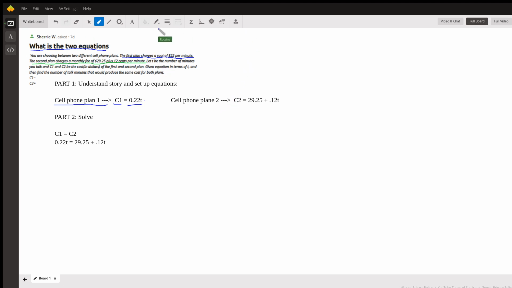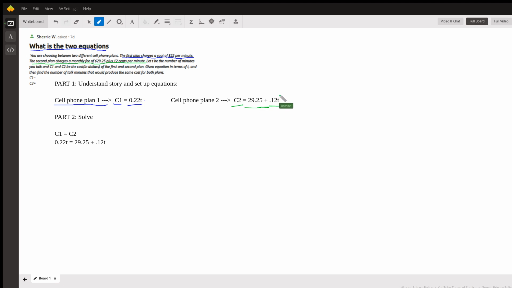The next plan we're going to talk about charges a monthly fee of $29.25. So again, C2 just means, in plain English, cell phone plan number 2 equals, you're going to pay right off the bat, right out the door each month, $29.25 plus 12 cents per minute.